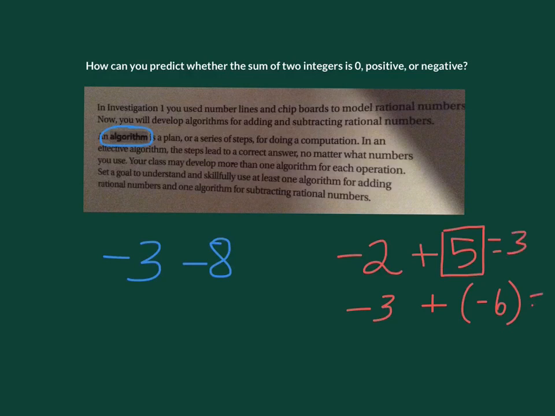And in this bottom example, if I notice that I have a loss of 3 and a loss of 6, I can really just add the two terms together and replace the symbol with a negative. These are algorithms. They're patterns, rules that you notice that work when using a chip model or a number line, and eventually you won't even need a chip model or a number line.